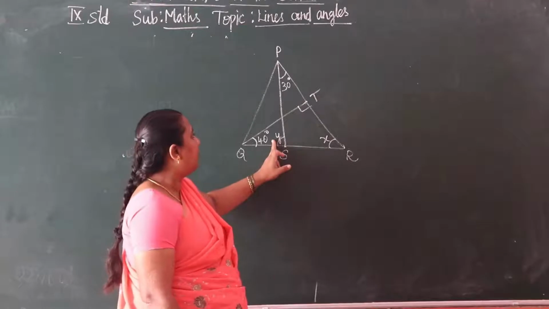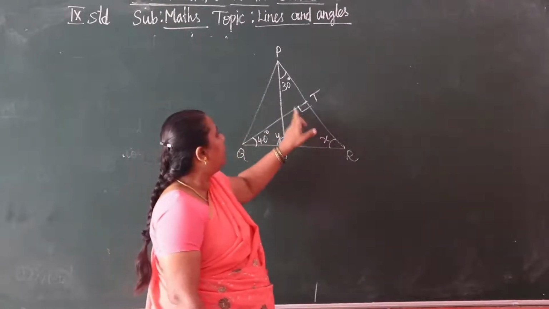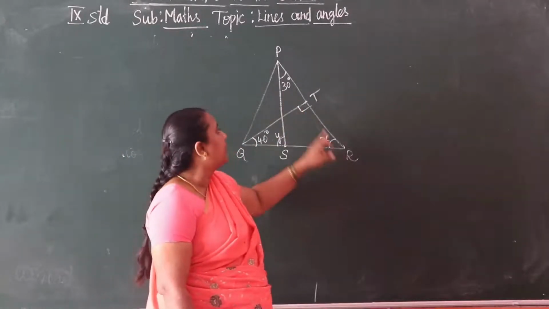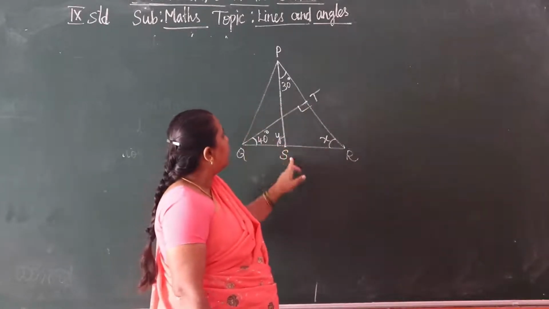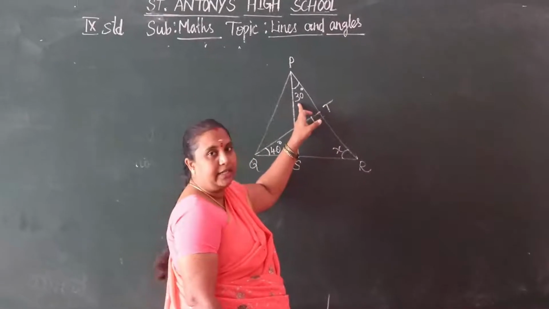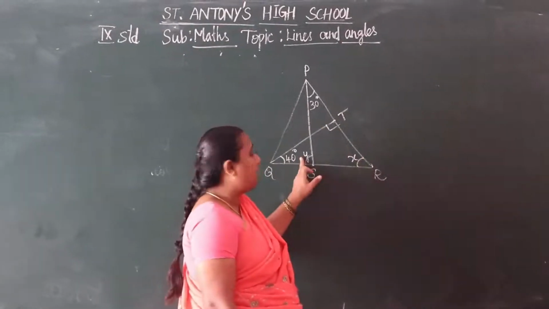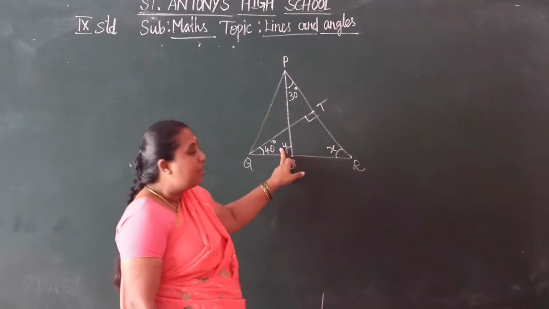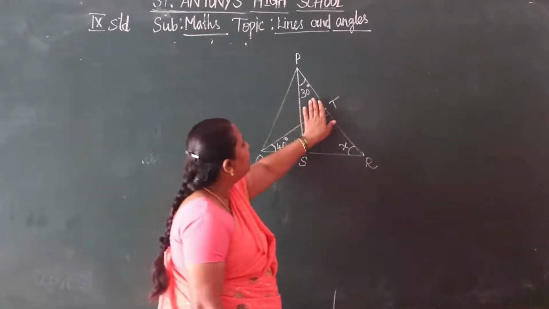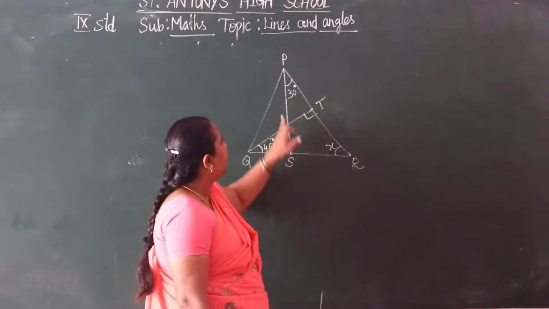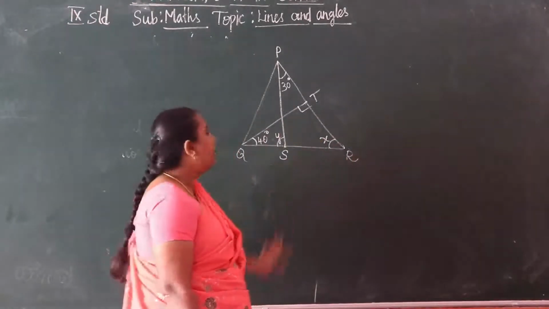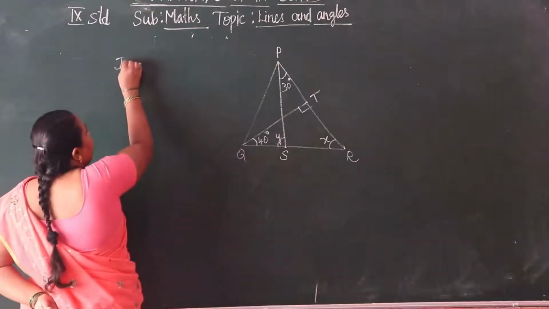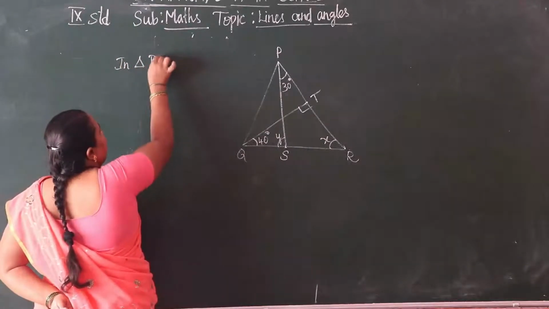See here what is given. QT is perpendicular to PR, and TQR equals 40 degrees and SPR equals 30 degrees. We want to find out X and Y values. For that, first we should take this triangle PSR.